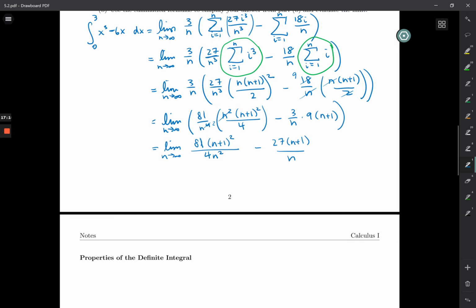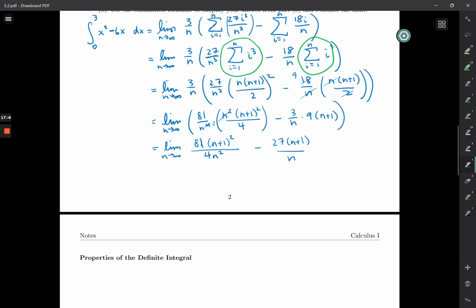And then simplifying this, we would have 27 n plus 1 over n, right? Okay, 27 times n plus 1 over n. Now to evaluate this, there are a couple ways you could go about doing this.